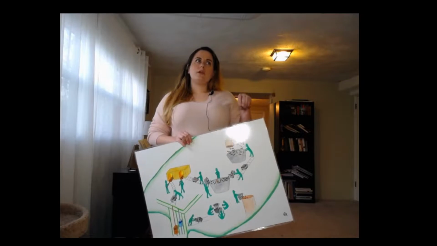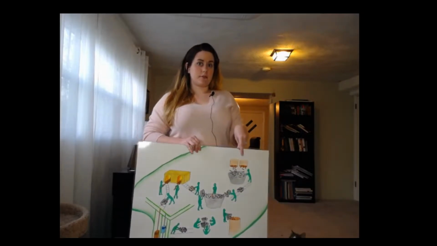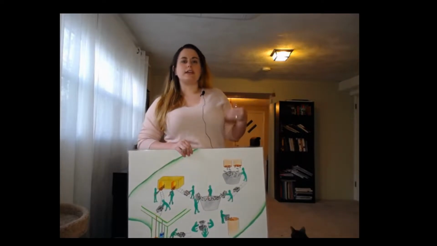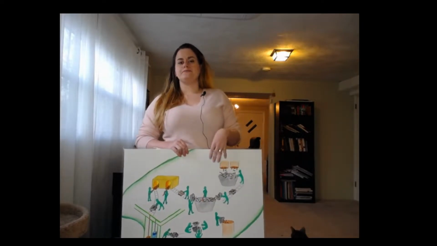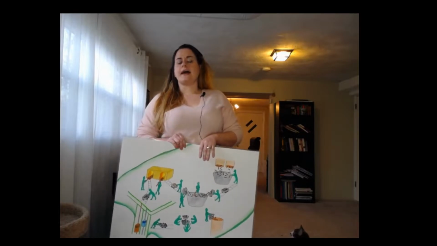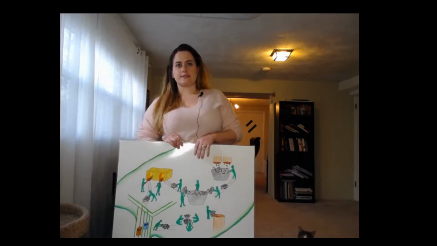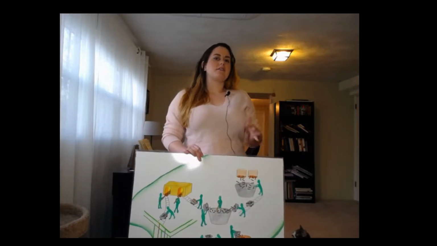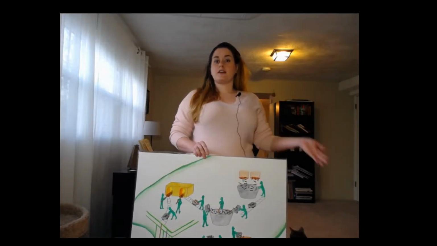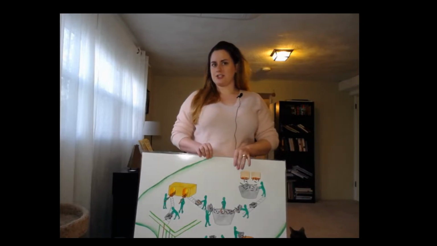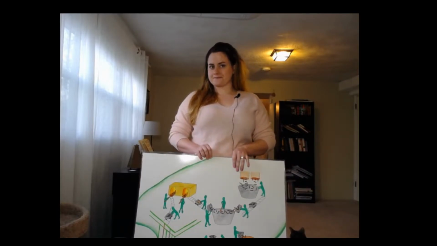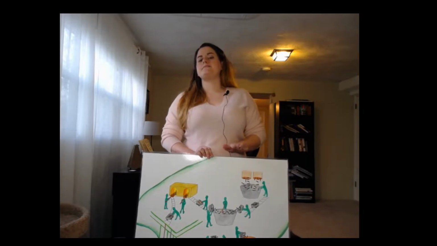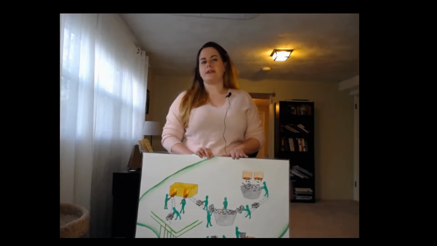So when we do the needs of plants experiments, when we deprive plants of either light or heat or water, we see that it has an impact on the plant. So the reason plants have leaves is because, I'll give you a moment to maybe answer, is because the leaves make the food for the plant.